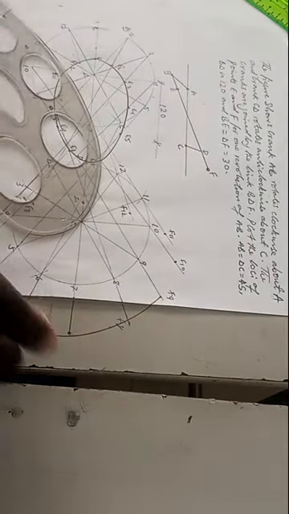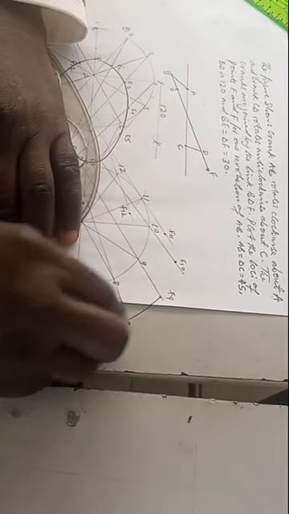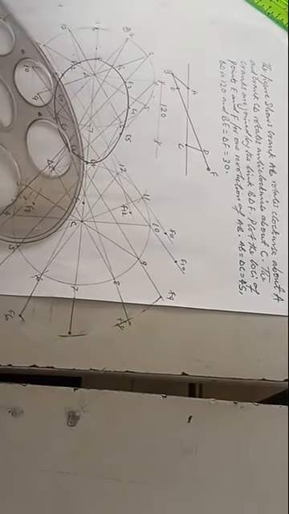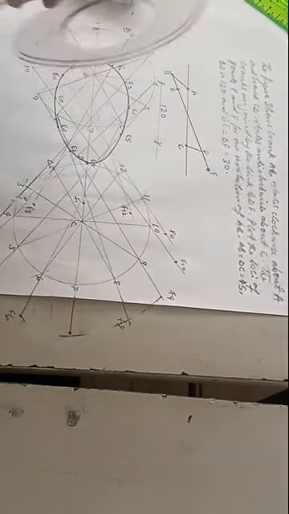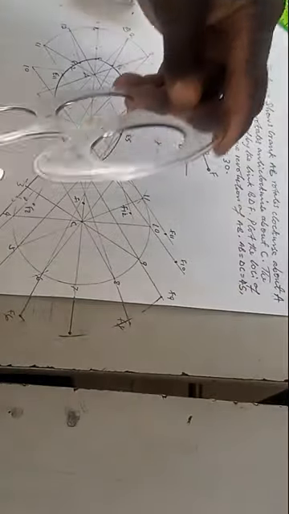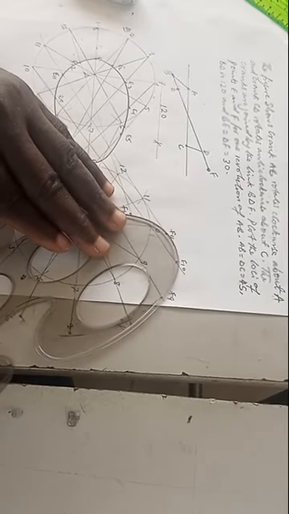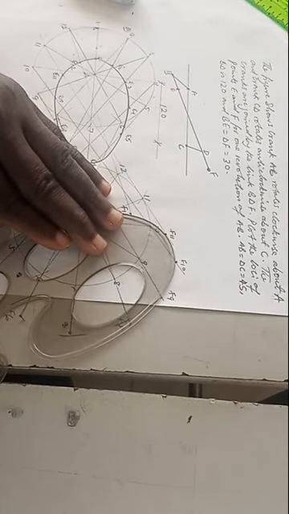It's not smooth enough. You have to be very careful when you are joining the locus of points. Let's see this one. I think we can join these ones like this.